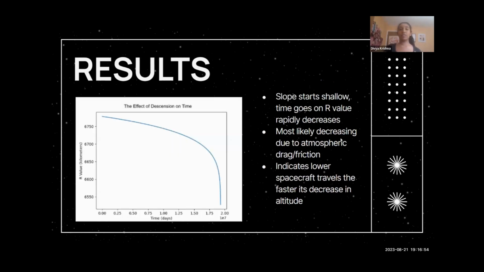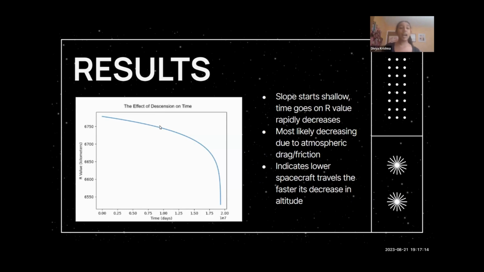So now our results. As we see over here, this is essentially what I predicted from the beginning. We see at the beginning the spacecraft is descending and time decreases at a pretty shallow, almost linear rate, you could say.